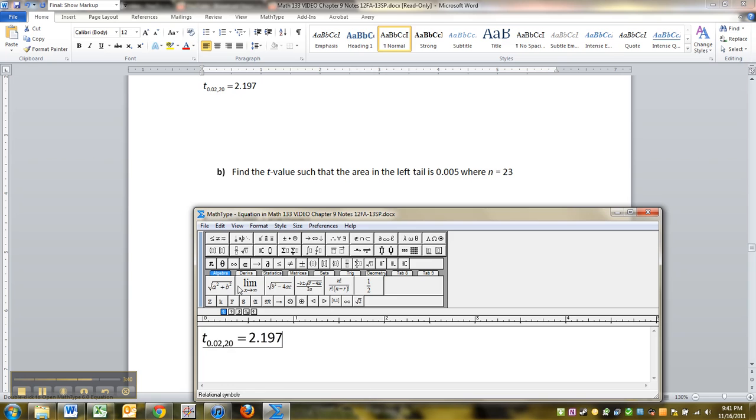So it's t 0.005, comma 22. Technically, it's actually 0.995 because it's the area on the right, but that's all right. Good enough, right? Okay. And that was equal to whatever number was out there.